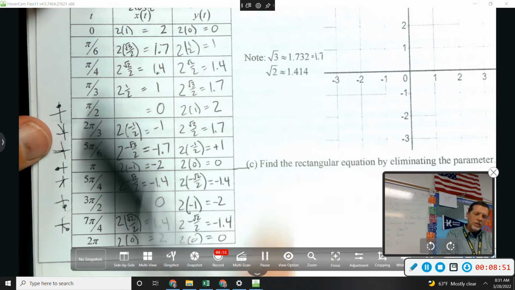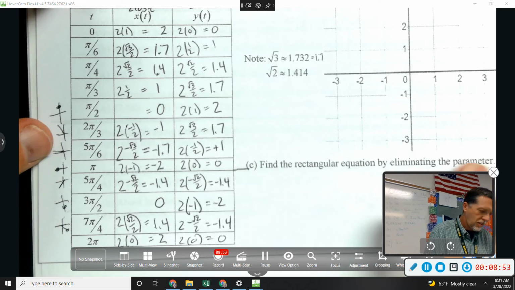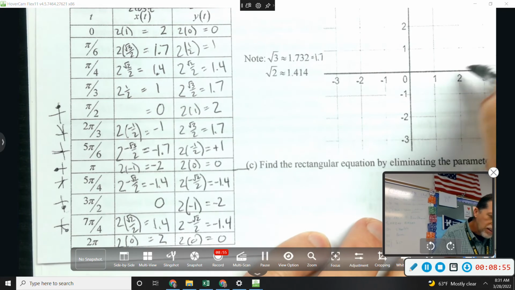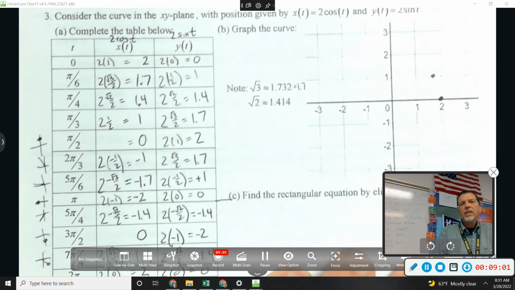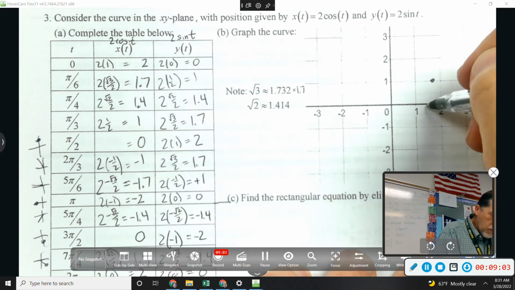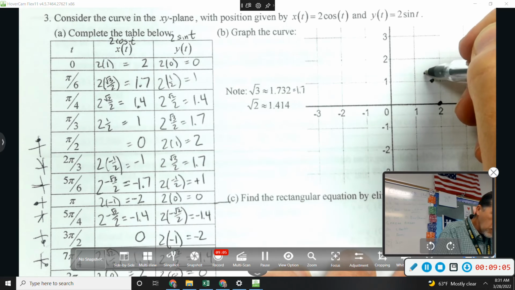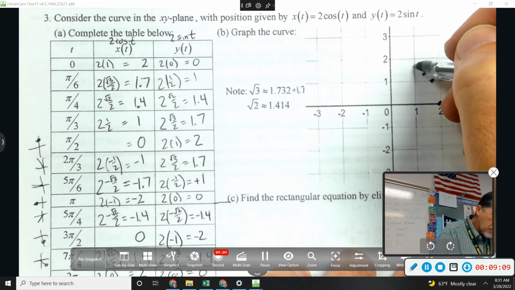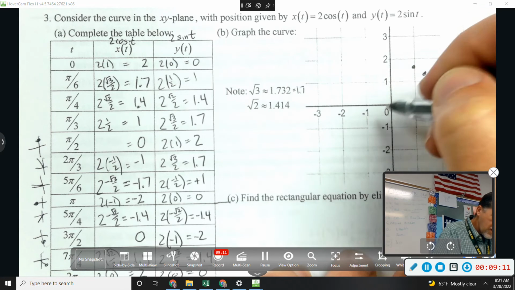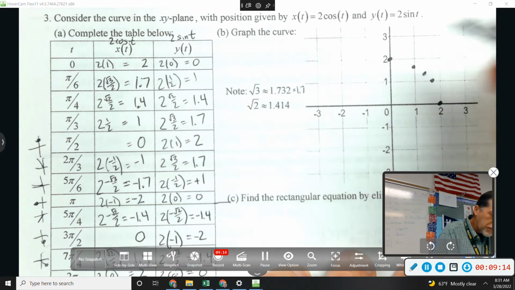Now let's put all those points on the picture and see what we got. So 2, 0, 1.7, comma 1, 1.4, comma 1.4, 1, comma 1.7, 0, 2.